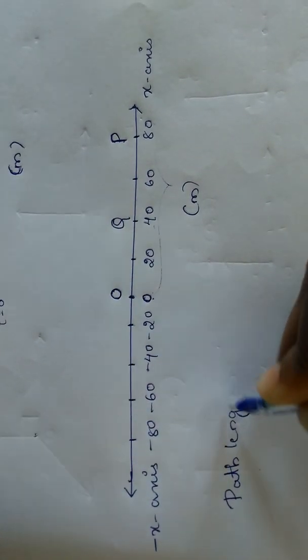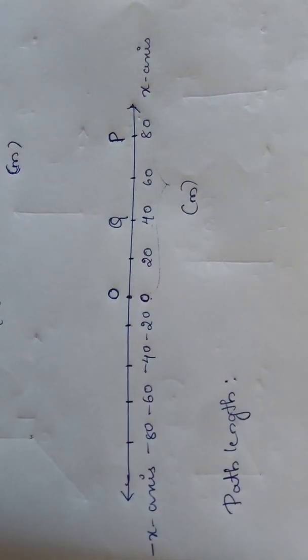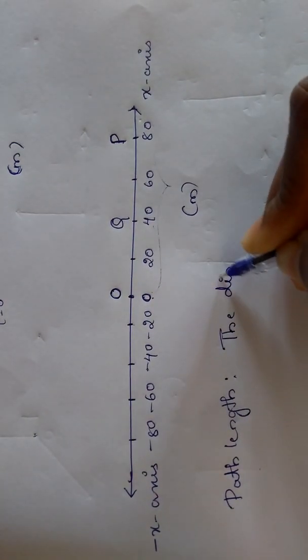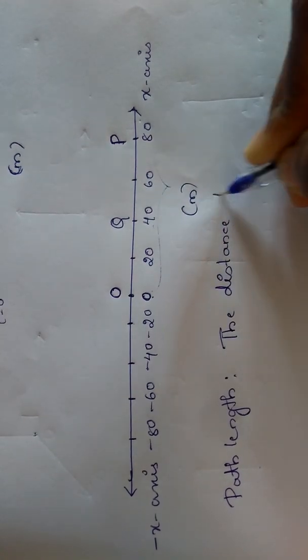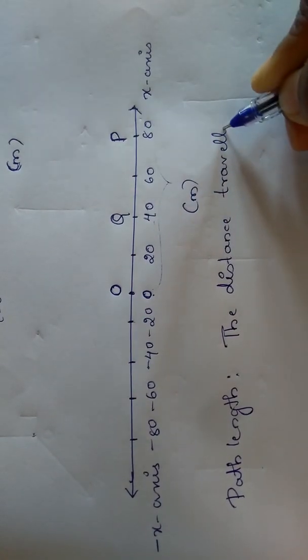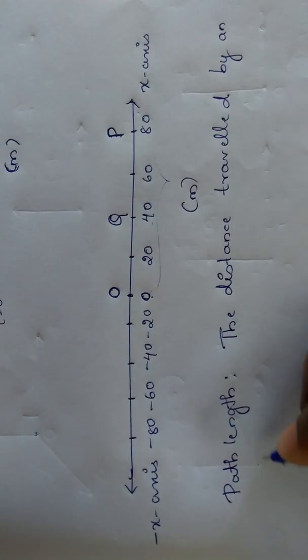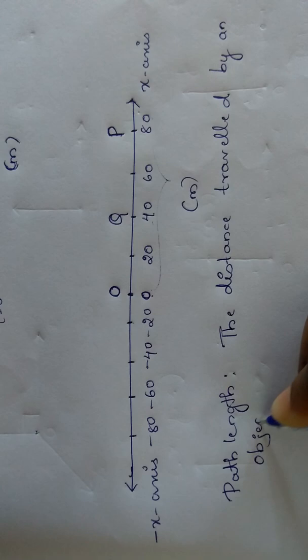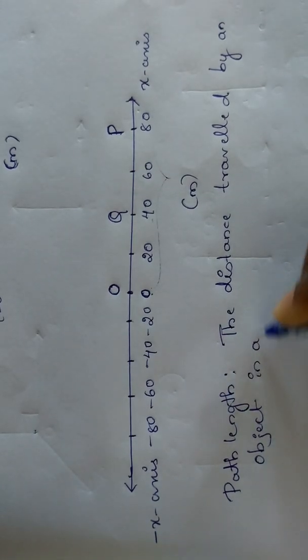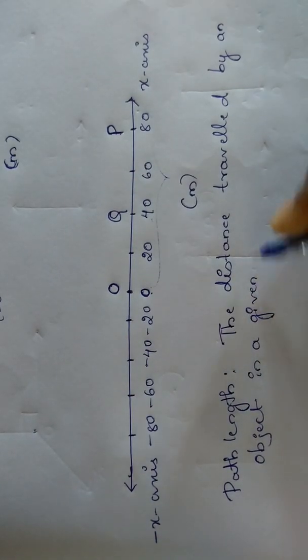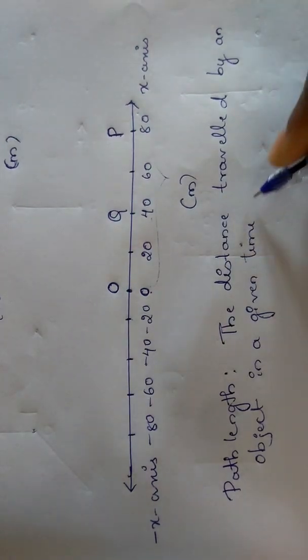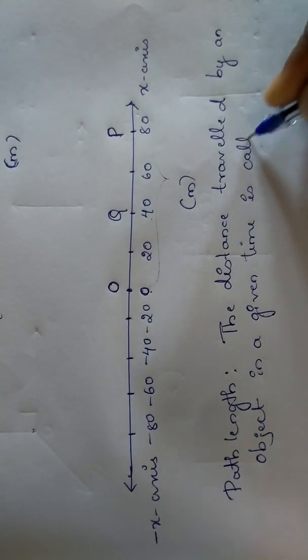Path. So what is path length now? The distance traveled by an object in a given time is called path length.